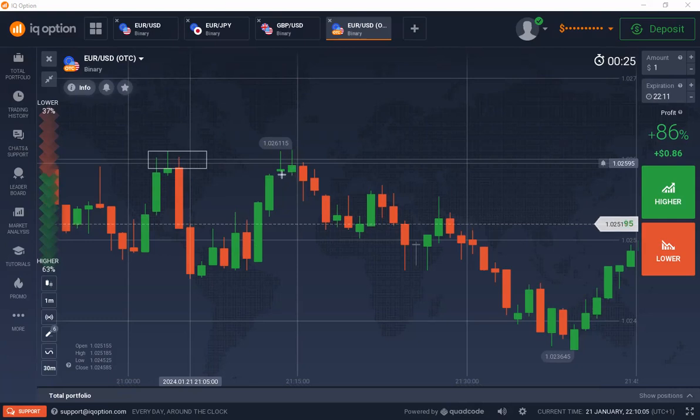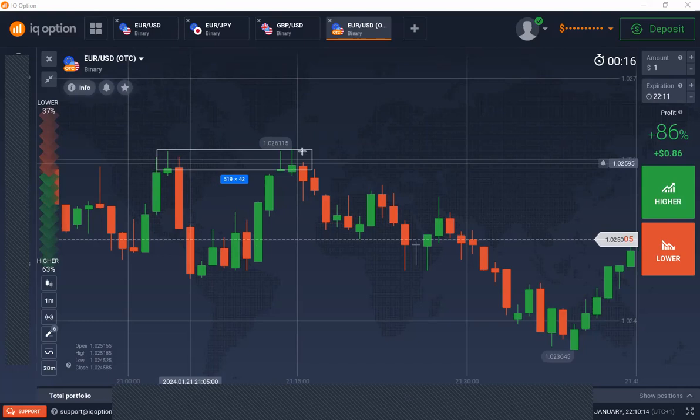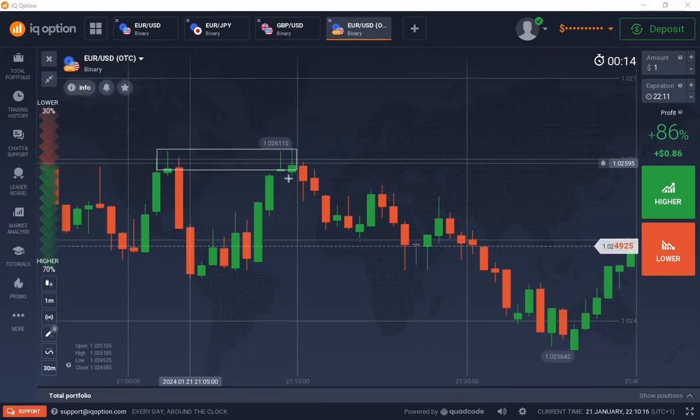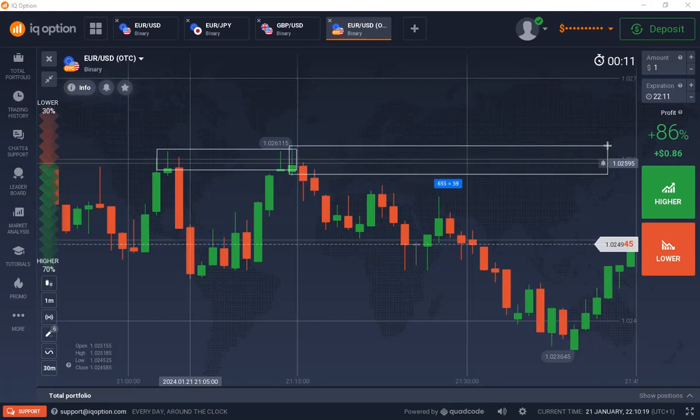So if the price creates a rejection from this level, it means that in my next attempt, I'm going to be trading supply and demand. Okay, you can see that the first analysis I did here was support and resistance, not supply and demand.